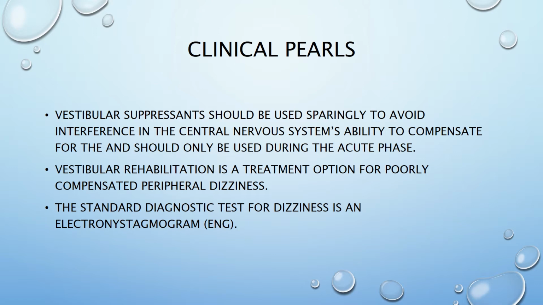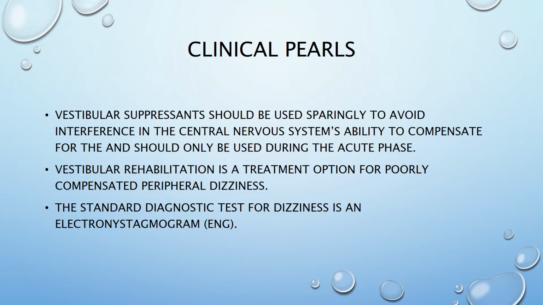I oftentimes will see patients months into their dizziness and they're still on these vestibular suppressants, which only slows down the recovery phase. Based on the ENG results, which is the standard diagnostic test for dizziness, I may send my patients to vestibular rehab for treatment, particularly if they have poorly compensated peripheral dizziness.